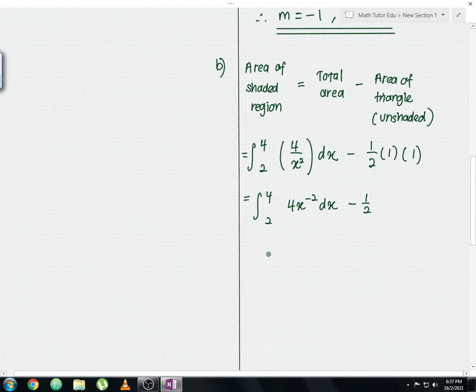This integral you can integrate. So from here you should get 4x to the power of negative 1 over negative 1, with respect to the upper limit of 4 and lower limit of 2, and then minus 1 over 2. Let me underline the fraction over here.